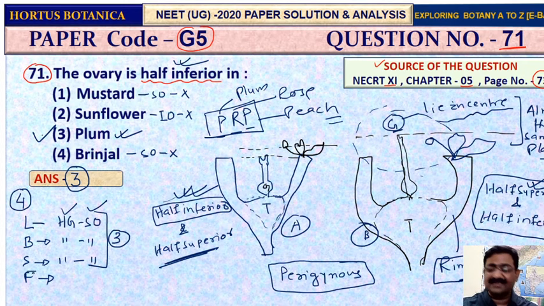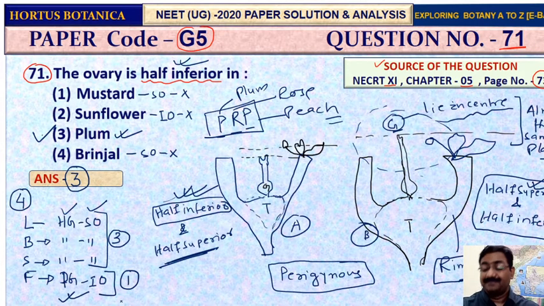Only Fabaceae, that is the P family, you all know the P family, the bean family, has perigyny, okay, and they have inferior ovary. Only one family out of 4 has the perigynous condition, inferior ovary.